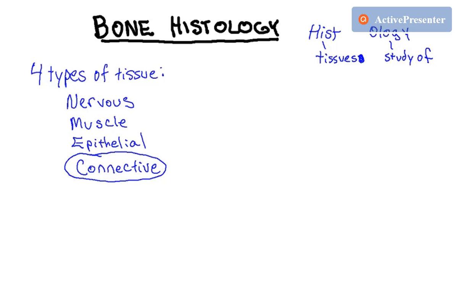Now, connective tissue, there are 4 types of connective tissue. There is proper, and if you remember from my previous video, that's like the jello in a jello mold.